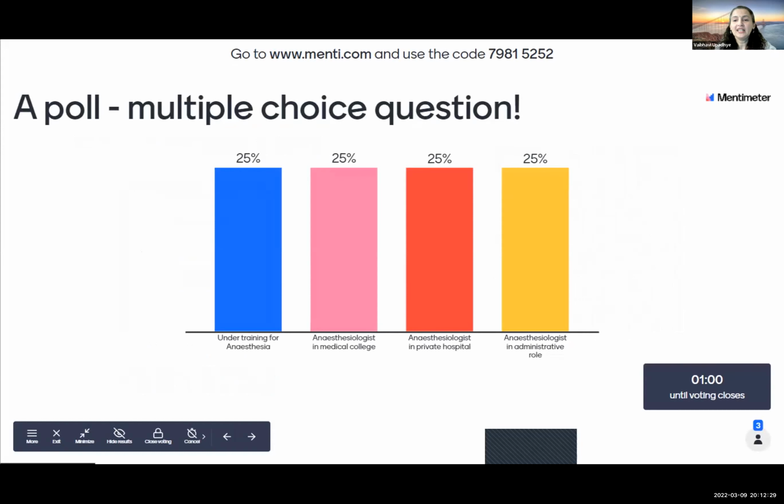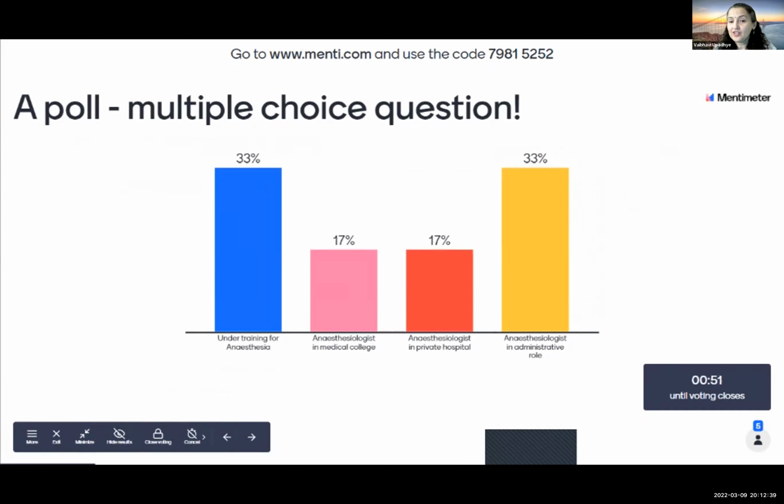Fantastic. We have participants who are undergoing training and who are in medical colleges in equal numbers. Let's keep the numbers coming in. Please remember, this is a multiple choice question, so you can choose more than one option.